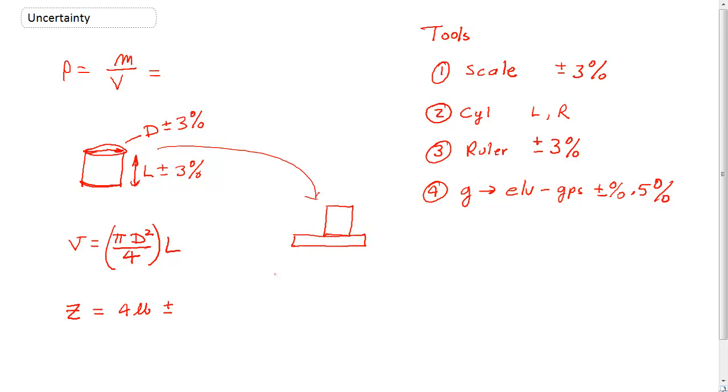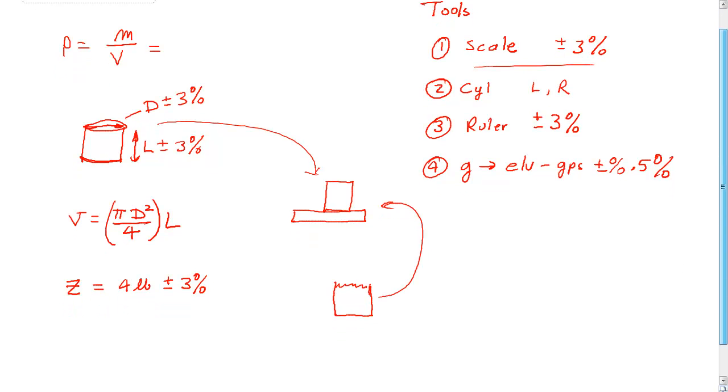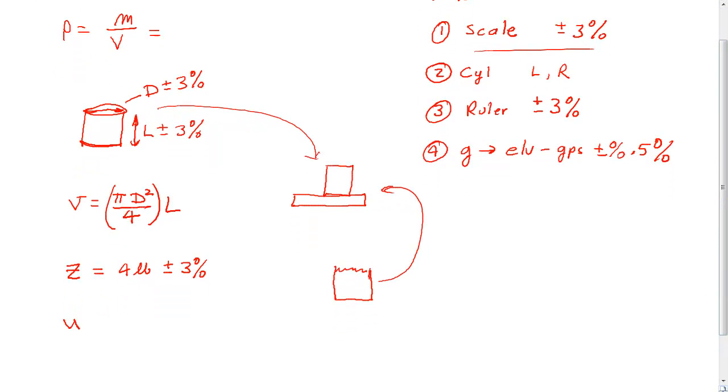But that's got to be plus or minus what? 3%. Now I go back in and I fill it with my fluid, and I put it back on the scale. Here's what I'm going to call this WZ. Let's say it measures that to be 30 pounds, plus or minus 3%.